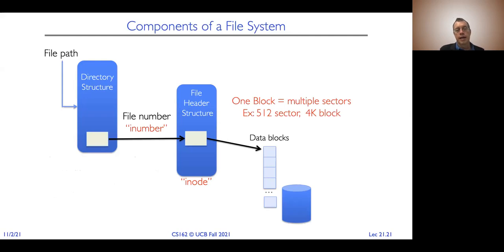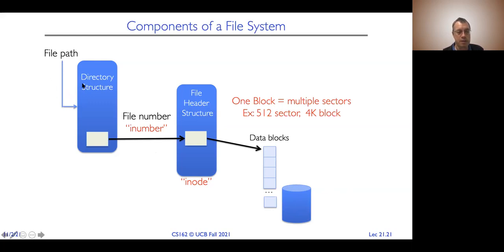So here is how things look under the hood a little bit. At one end, I have the file path, which is the name of the file prefixed by the directory path name, where the file is residing. At the other end, you have data blocks, which are stored on the disk in sectors. So you need somehow to map from the file path to the data blocks, and this is the role of the operating system's file system.